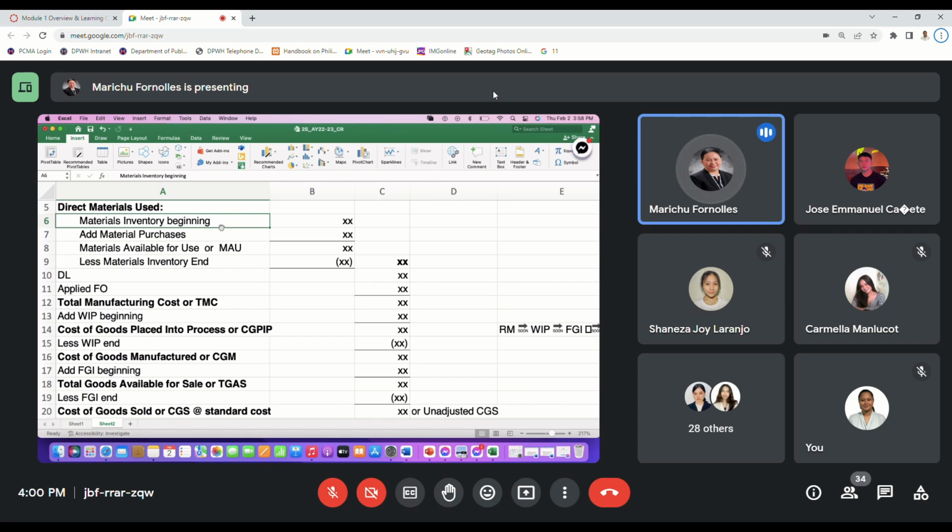So double rule 1,250, double rule 52,500. That is now your materials inventory end as of July 5.